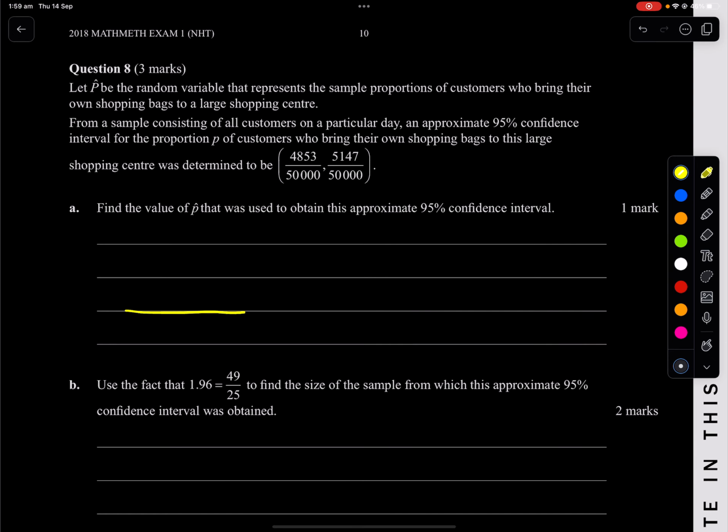Okay, so 1 mark. If I sketch a graph here, your sample proportion P dash would be here, and this is your confidence interval, with one end over here and the other over here. If we add both ends and divide by 2, we should get your sample proportion.